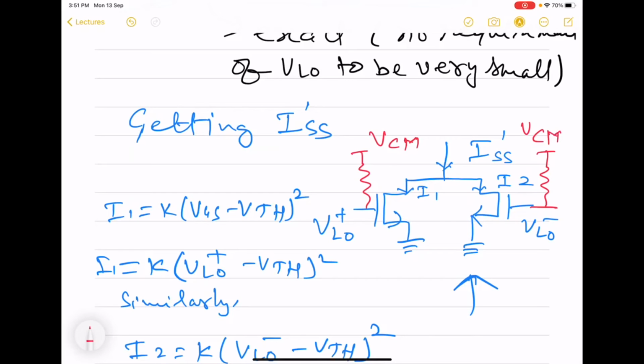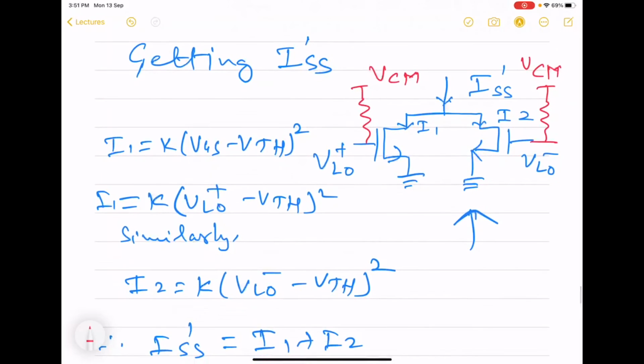So once we do this modification, our equations for I1 and I2 get modified. So now in place of VGS, we have LO plus VCM.